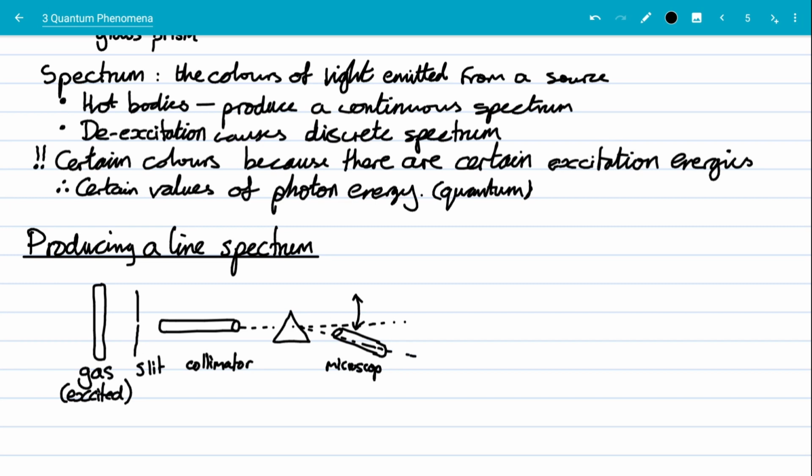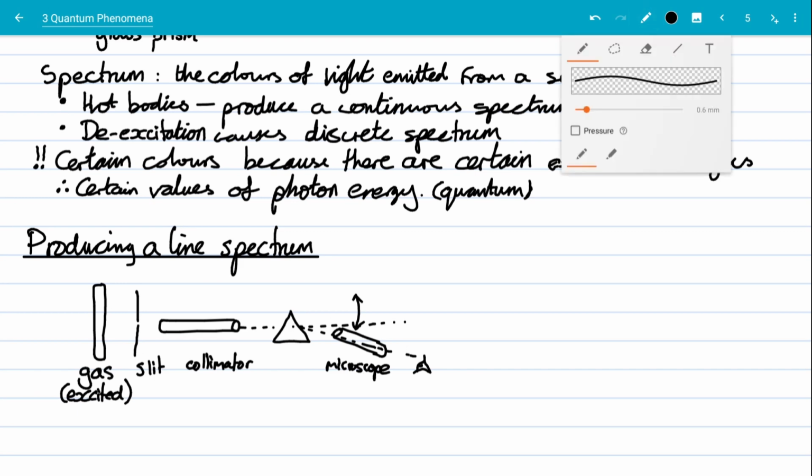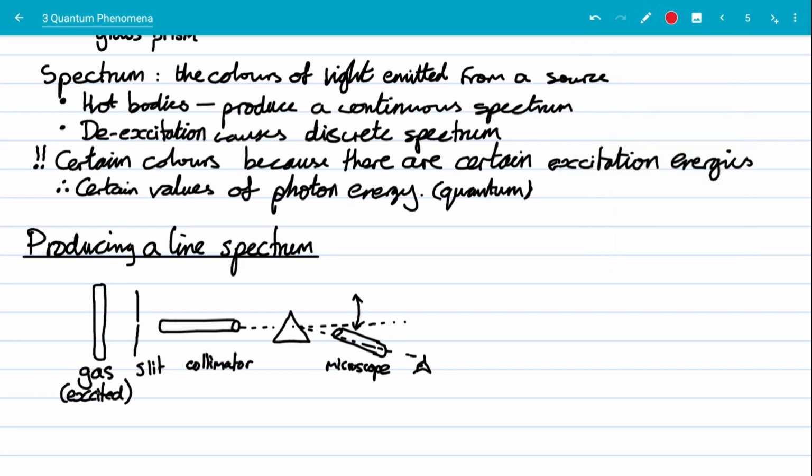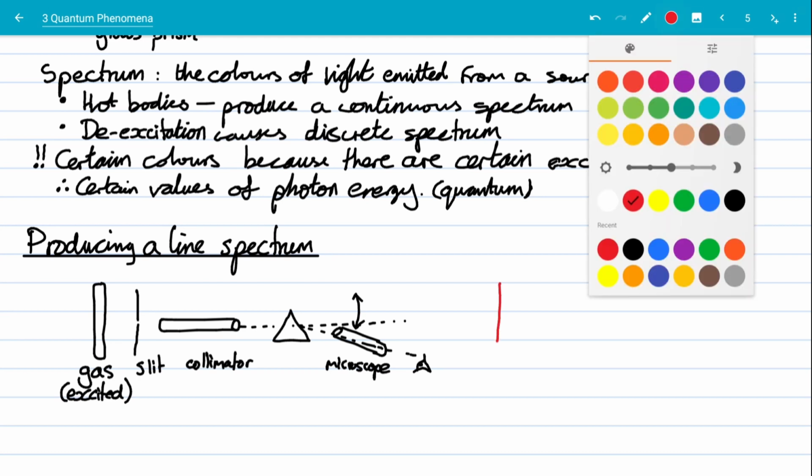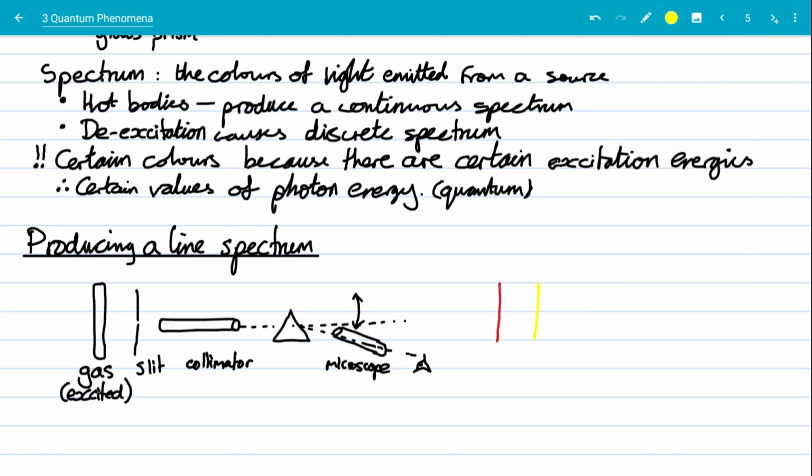and where we see the light. So we can measure that angle. And there's our microscope, and then we just place our eye on the end of this. Now, as we move our microscope around that angle, what we will see is a spectrum of lines, the images of the slit. So you might have a red line there, maybe a yellow line, but they'll be discrete.